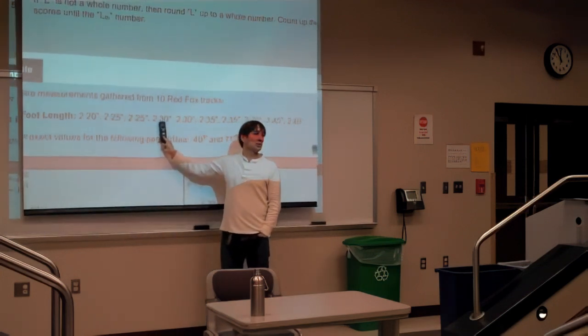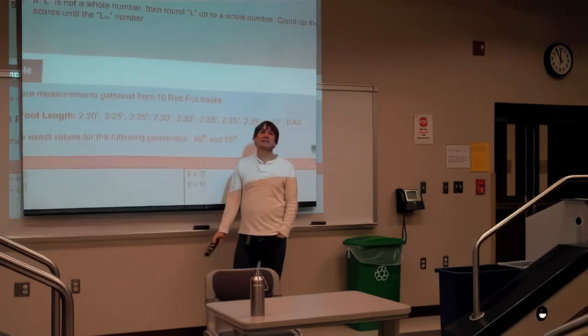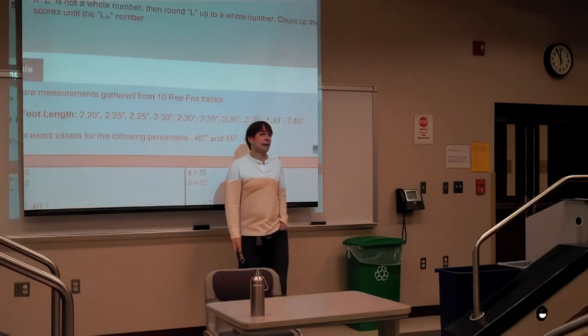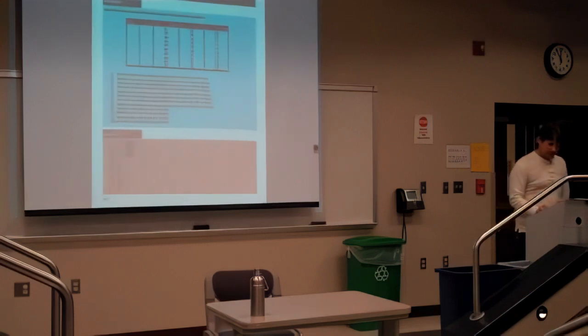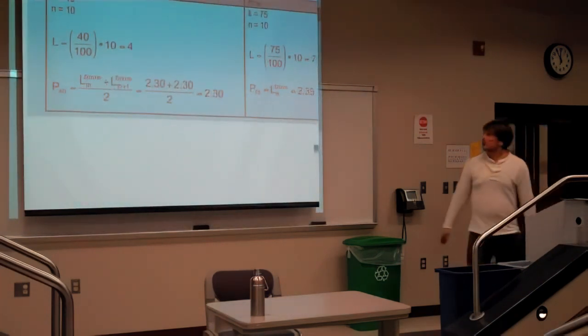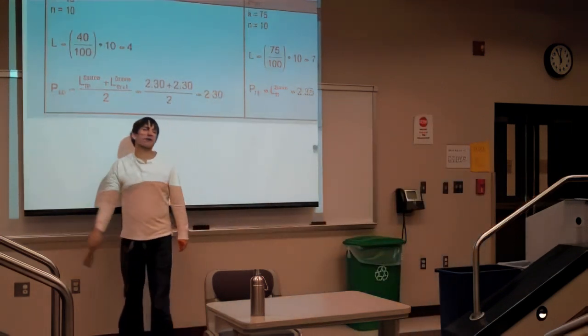The 4th score is 2.3. The 5th score is 2.3. You add them together. You divide by 2. And therefore, my answer is 2.3. So my answer is 2.3. This is the exact value of the 40th percentile.